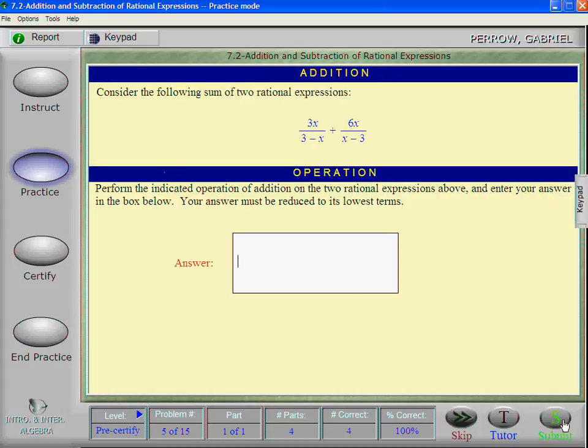Okay, another example. Now here's a weird little example. I was hoping we'd see one of these in this sequence. You've got 3 minus x, and you've got x minus 3 for the denominators.